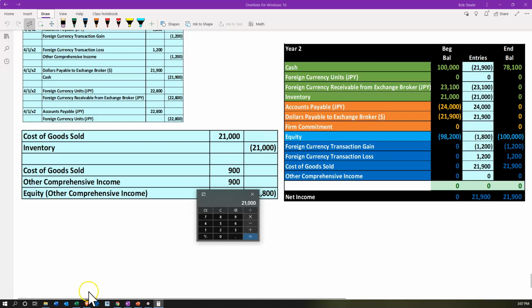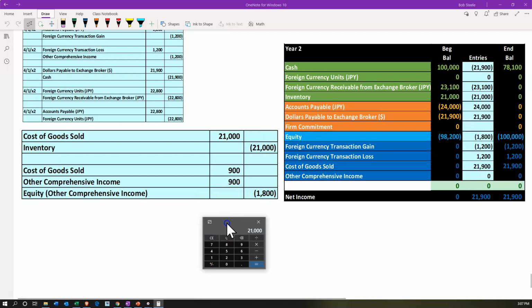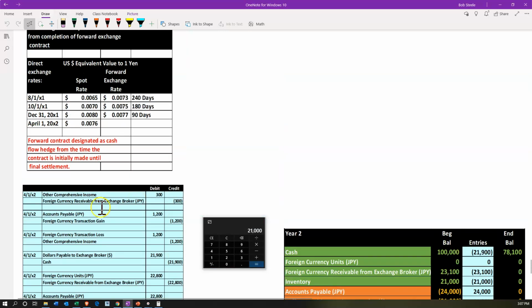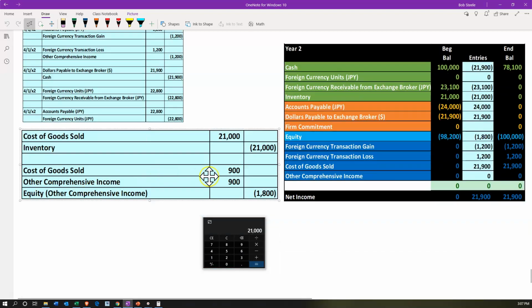So both those items now are taken into account, and that's been happening throughout the entire length of this scenario, and that's because the forward contract was designated as a cash flow hedge. It was designated as a cash flow hedge from the time the contract is initially made until the final settlement. So therefore, we treated it in this way due to that difference.